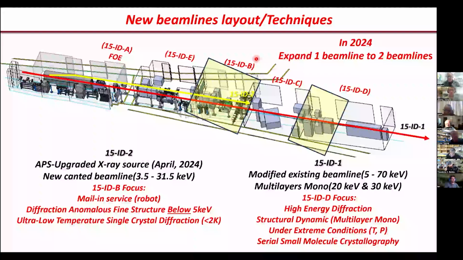And how long will it take to get a data set? With it said that the beam was something like 250 times stronger, is that the sort of thing you expect at 15-ID? Yeah, it's stronger, but you don't want to saturate the detector. So you probably have to test, put some attenuator in, and it depends.